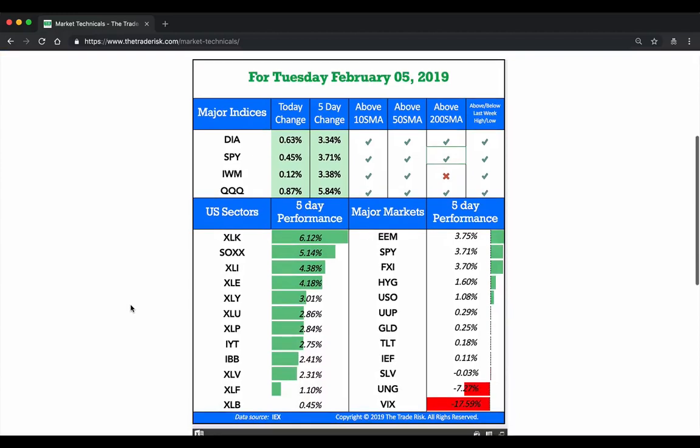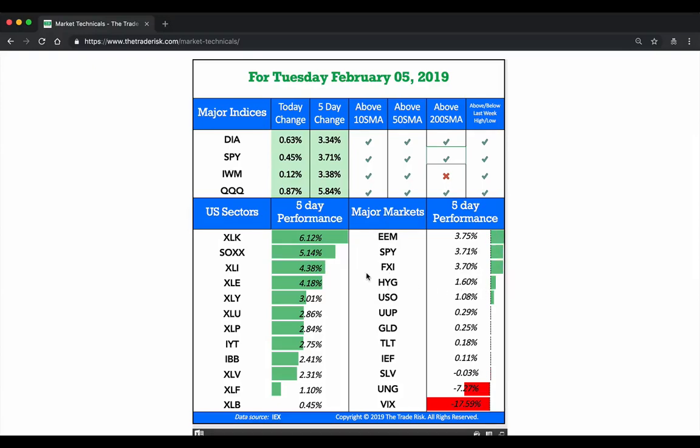If we go down to some of the sectors here, you can see it's technology, semiconductors, industrials all leading to the upside, really getting that rotation to give this market that next leg higher. Financials, materials, healthcare are at the bottom of the pack right now for 5-day performance. When we go to major markets, we have international, so we have China, emerging markets, and then we have the S&P 500 and high yield, a really good blend of risk assets seeing rotation to the upside.